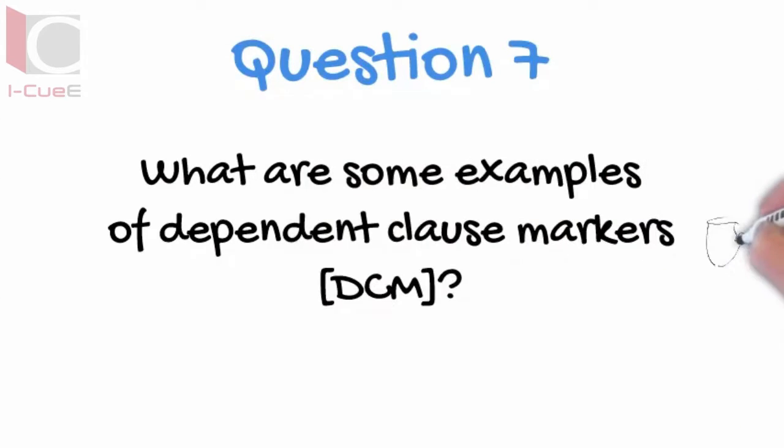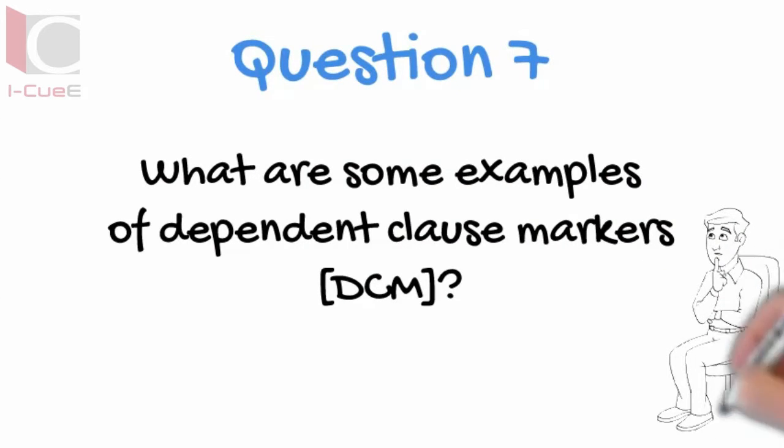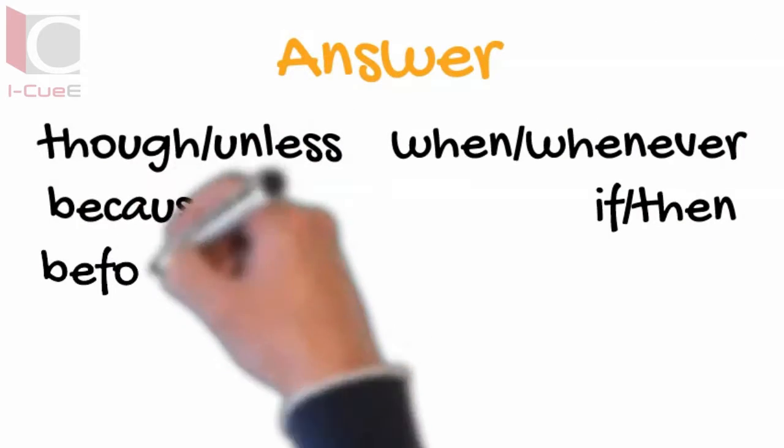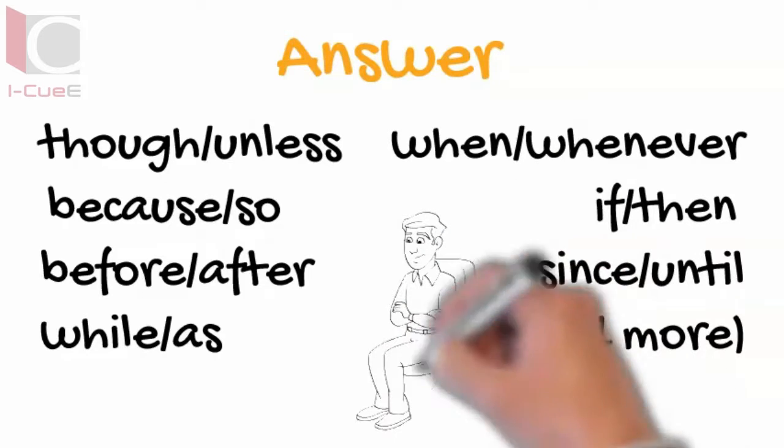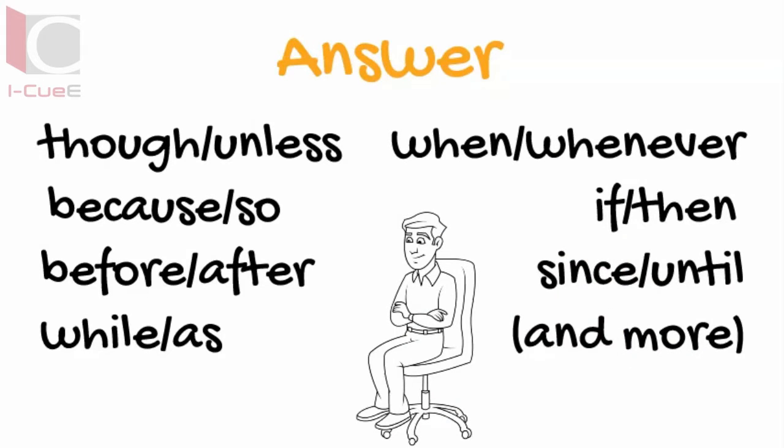What are some examples of dependent clause markers, DCM? Though, unless, when, whenever, because, so, if, then, before, after, since, until, while, as, and more.